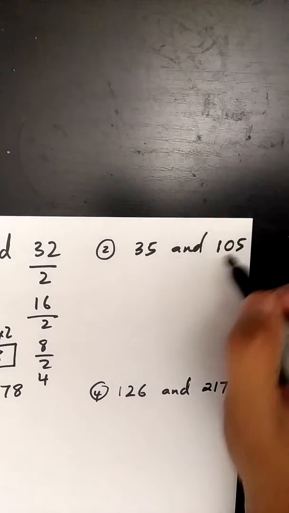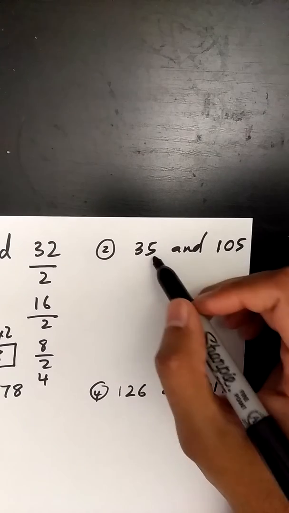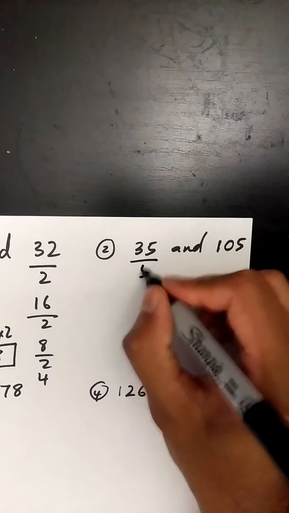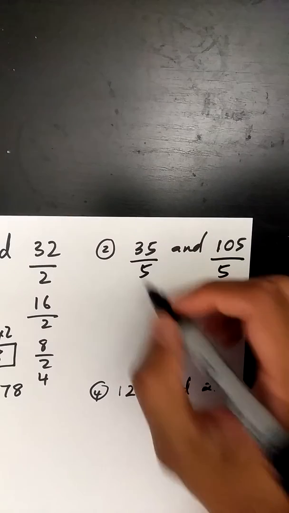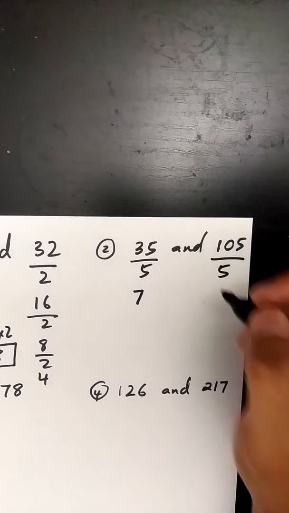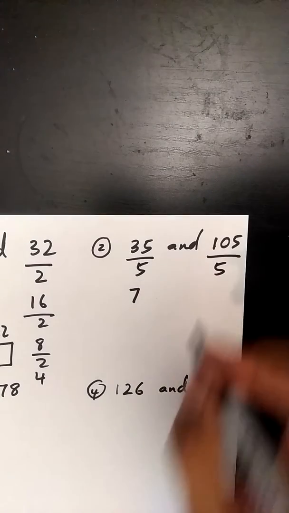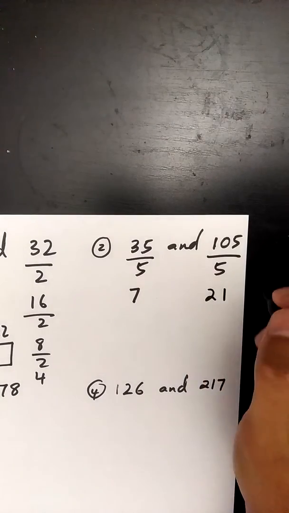Question number 2. I know both numbers end with 5s, so I can divide both numbers by 5. 35 divided by 5 is 7. 105 divided by 5 is 21.